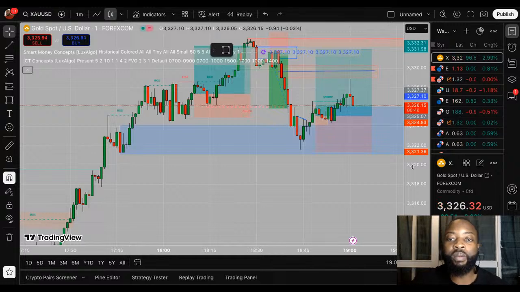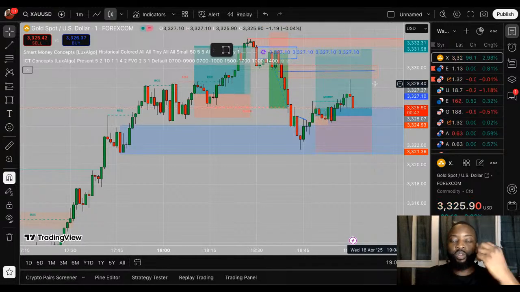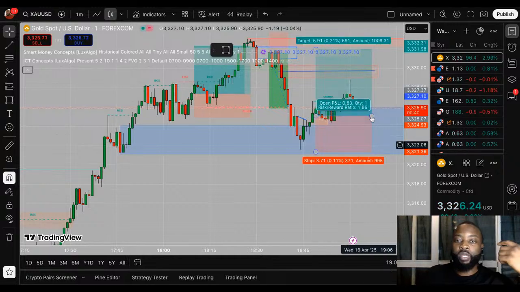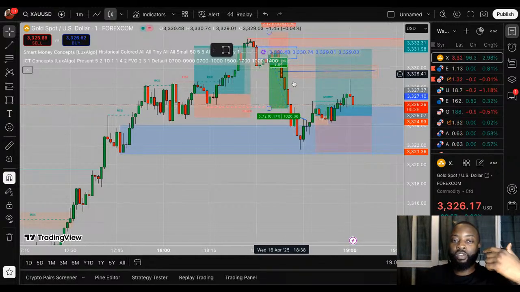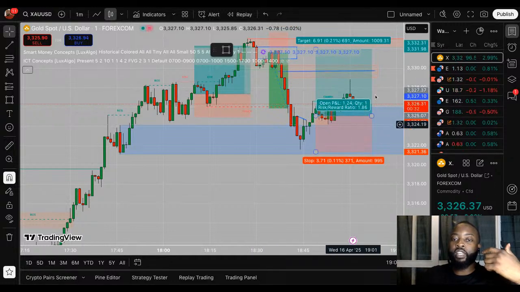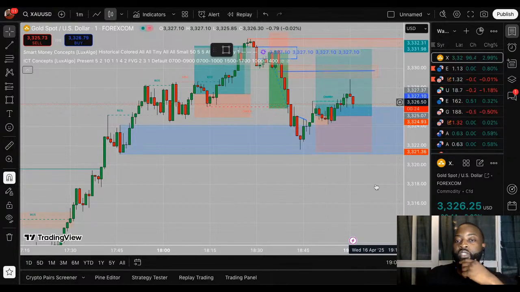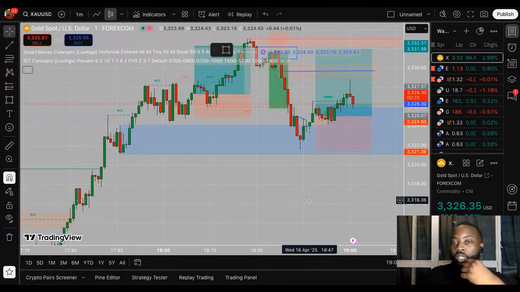The market always comes back to some areas of fair value. Like you can see now, this reversal is created by this fair value gap here in this area. The market will come back. It's coming back to retest this other block here, and then it's going to go and hopefully reach that level.